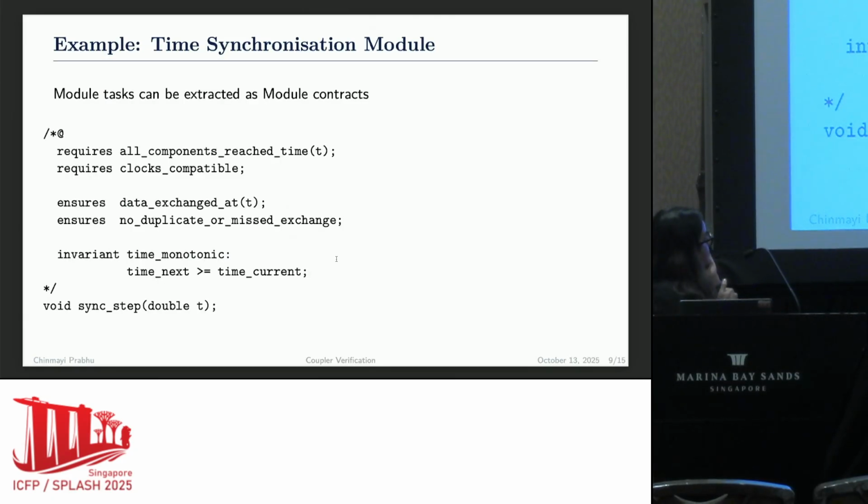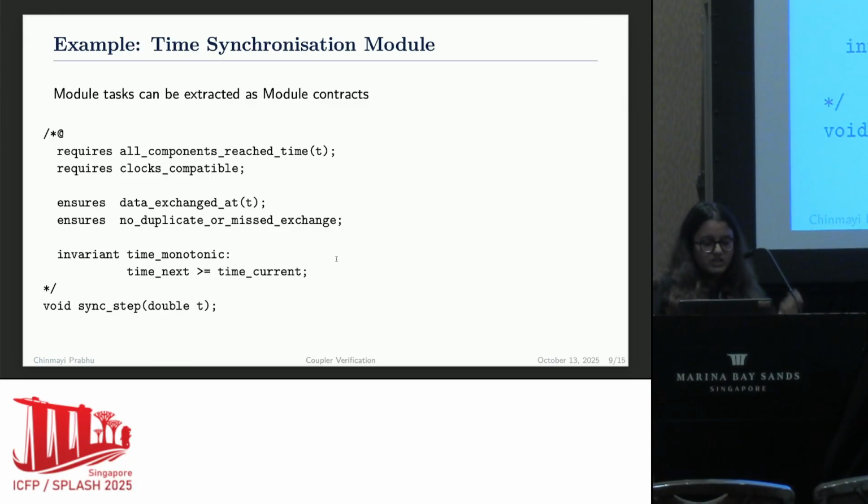I'll show you one example with one of the modules and how we extracted these tasks in the form of behavioral contracts at the level of modules. For the time synchronization module, the example shows contracts in the form of requires, ensures, and invariants, which are your preconditions, postconditions, and invariants.